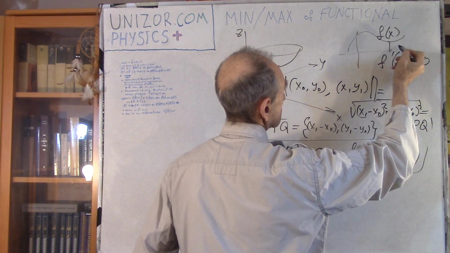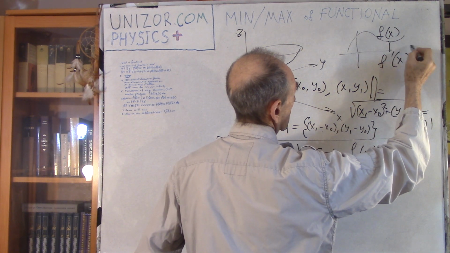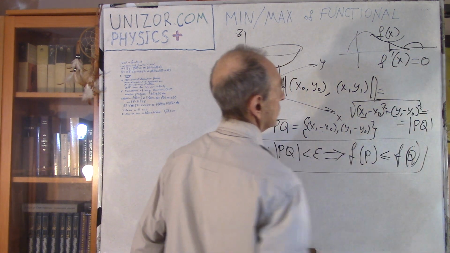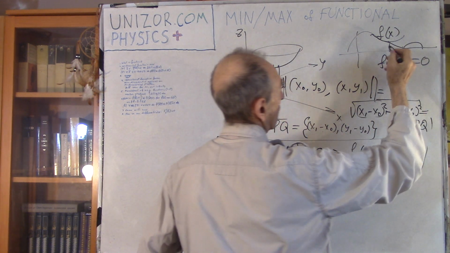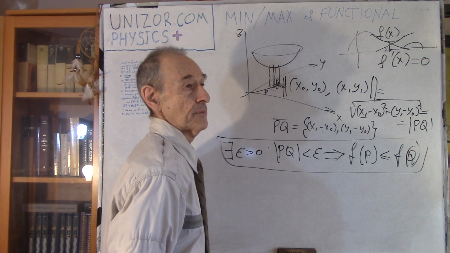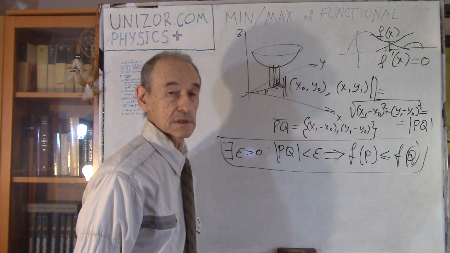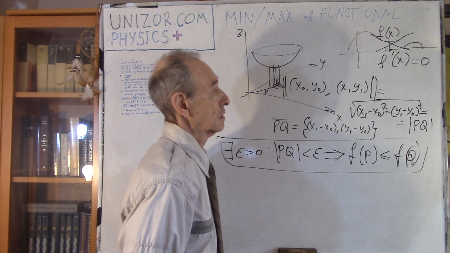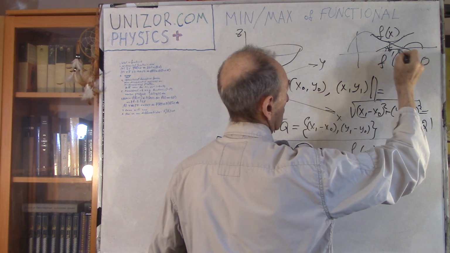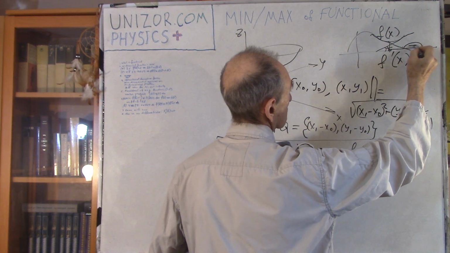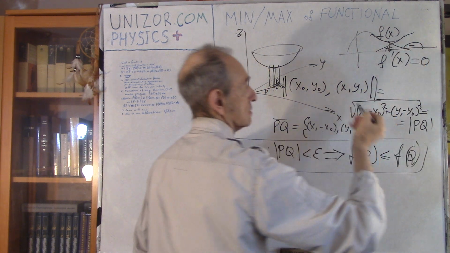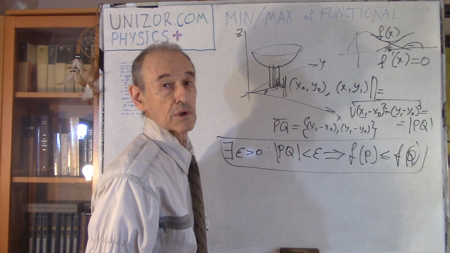So which means it's decreasing, which means the angle of the tangential line would be greater than 90 degrees, and when it's increasing, the tangential line would be less than 90 degrees. And tangent of less than 90 degrees would be positive, and if it's greater than 90 degrees, it would be negative. Well, if it changed the sign from negative to positive, somewhere it should be equal to 0, right?